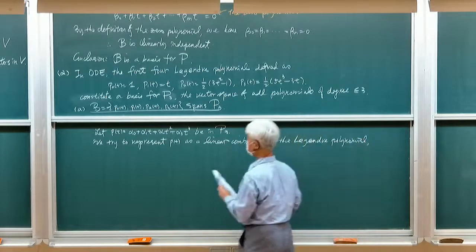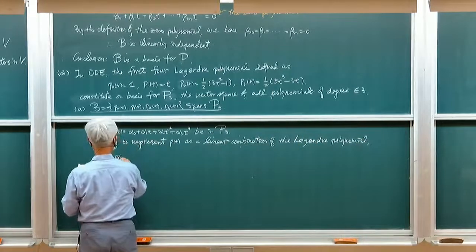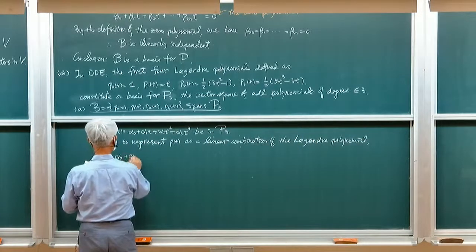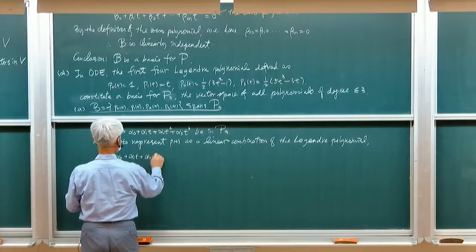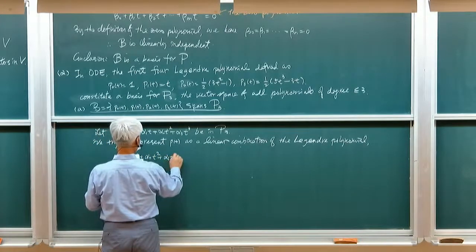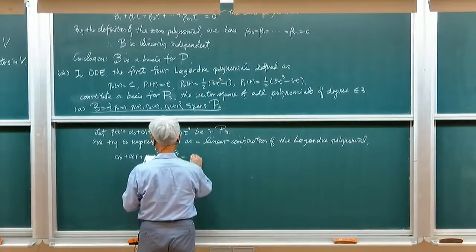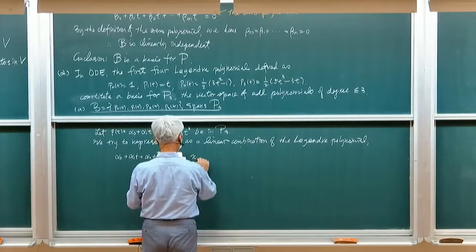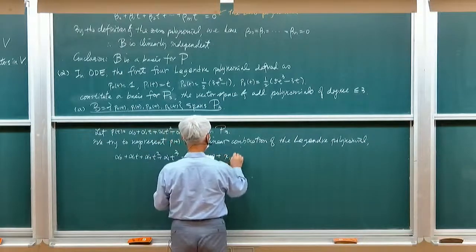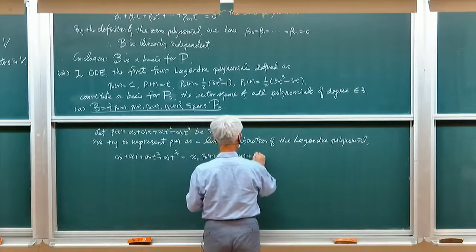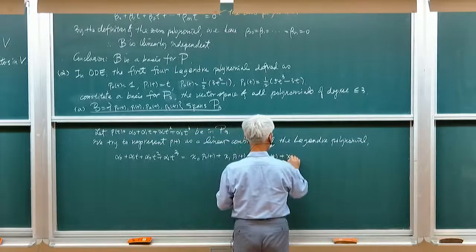Okay, so this polynomial is given, but we want to find the coefficients of the linear combination x0, x1, x2, and x3.